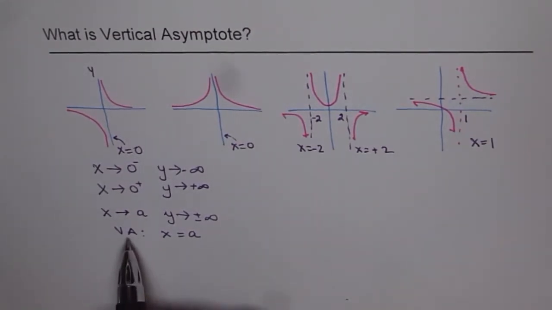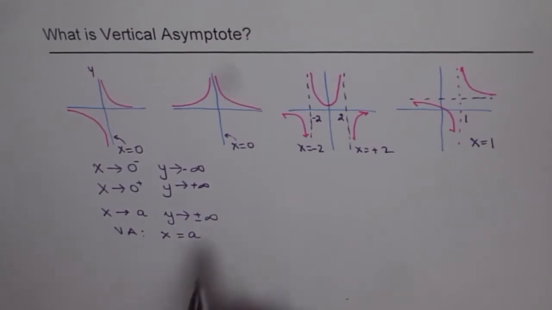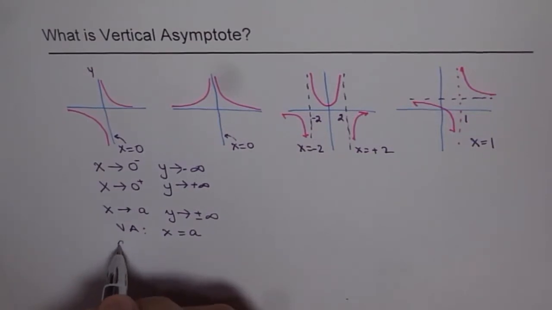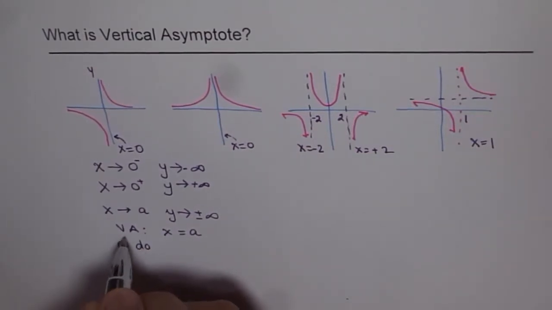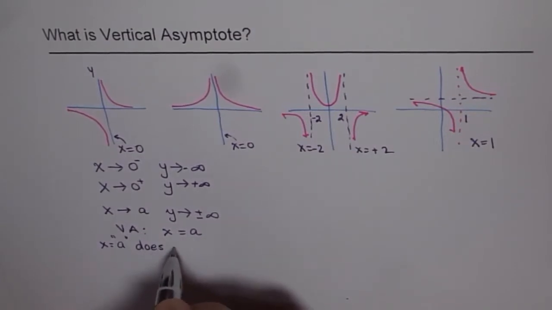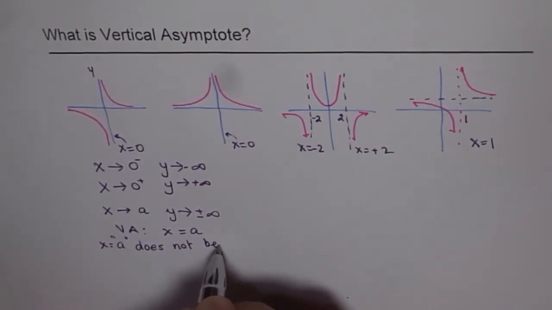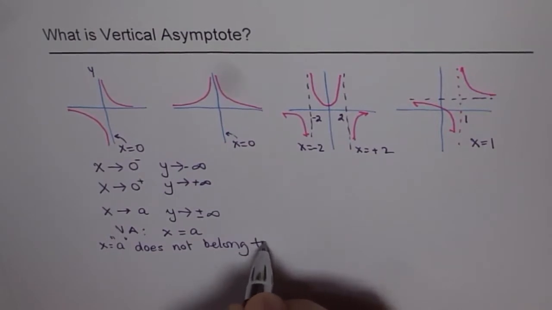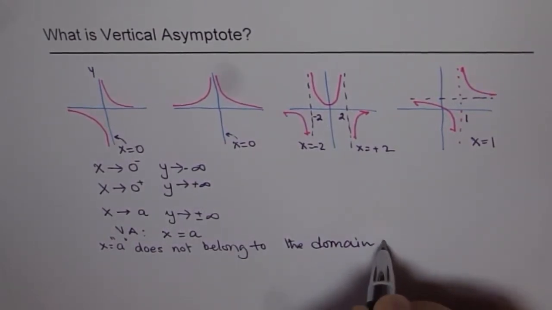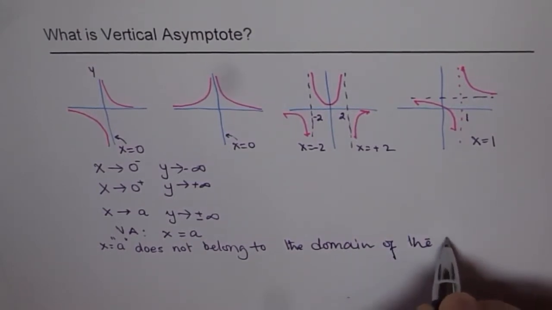So vertical asymptote being x equals a means that a is not in the domain of the function. That means x equals a does not belong to the domain of the function.